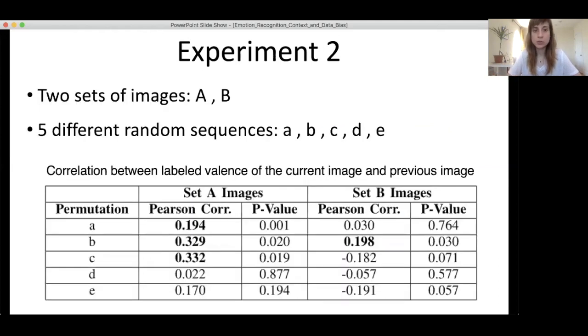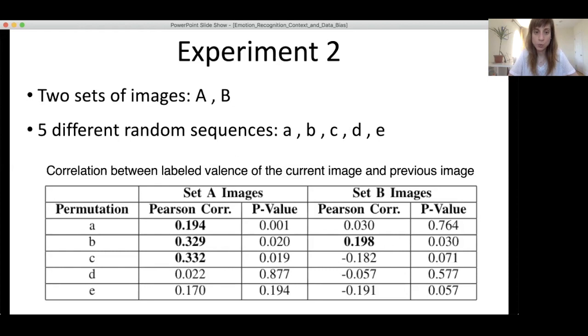In experiment 2, we had 2 sets of images, and we had 5 different random sequences of the same images. So images in set A were shuffled in 5 different sequences, and the same for images in set B. Then we computed the Pearson correlation between the labeled valence of the current neutral image and the previous image.